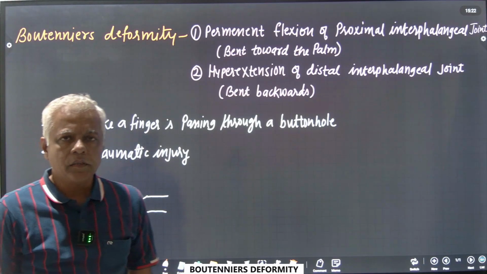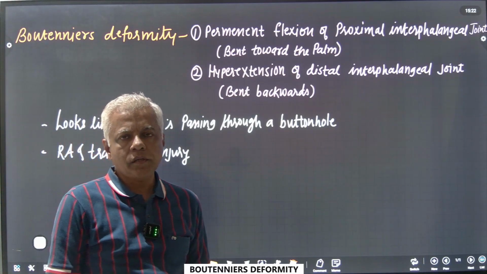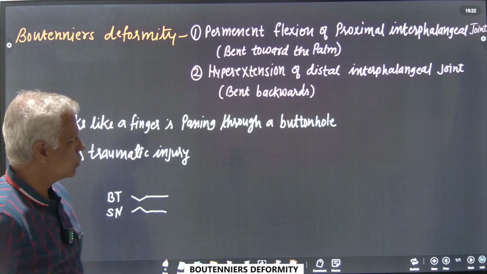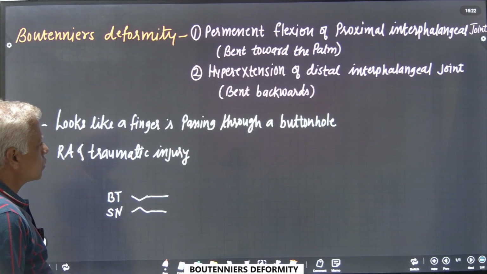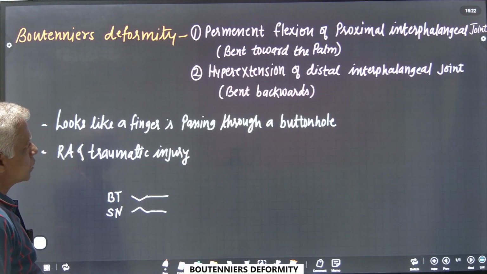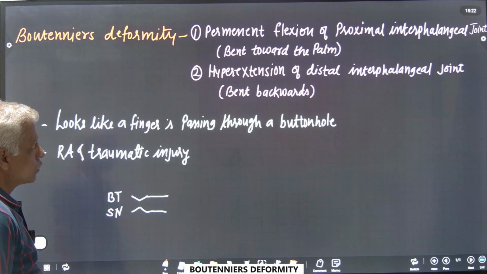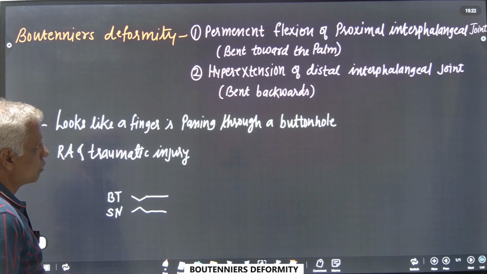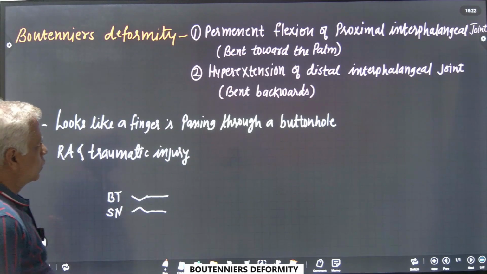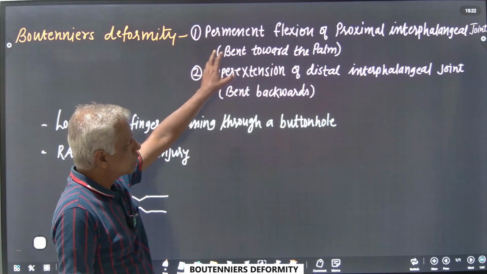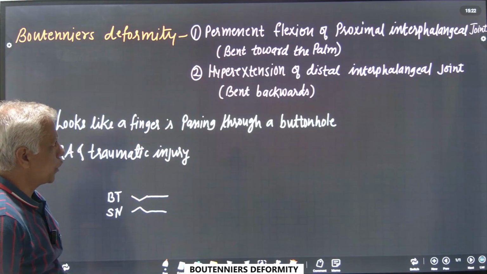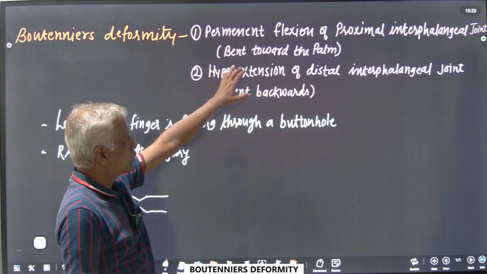Now we will see the next deformity, that is Boutonniere's deformity. In Boutonniere's deformity, there is a permanent flexion of the proximal interphalangeal joint, that is, a bend towards the palm.